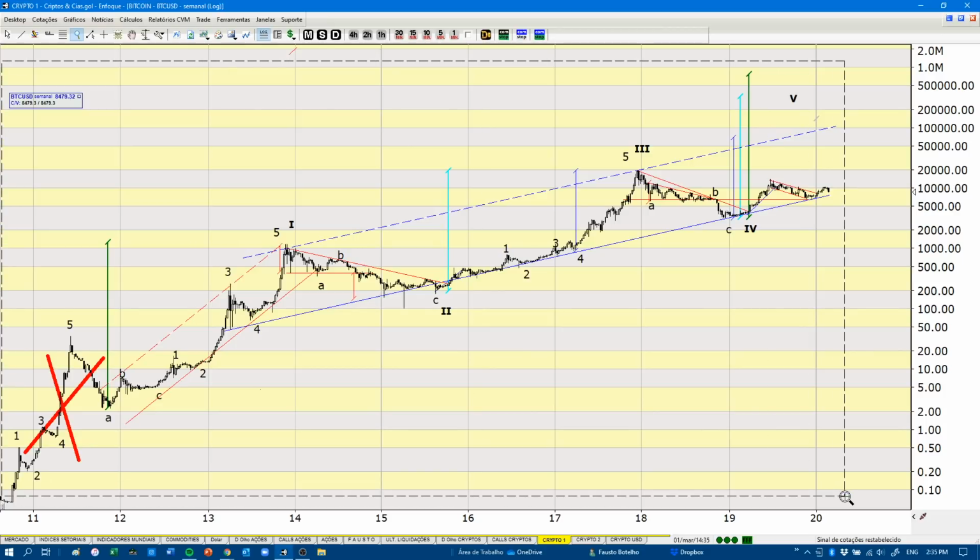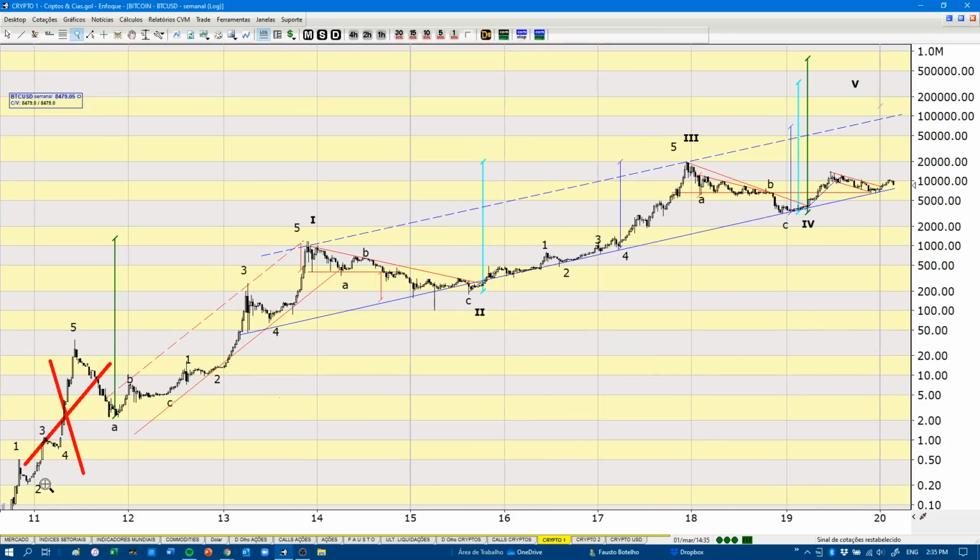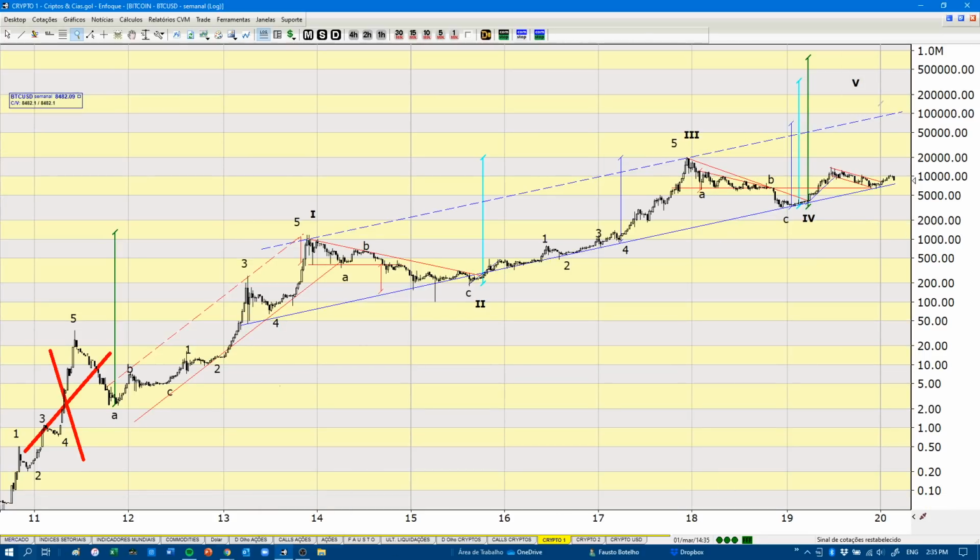And in my analysis of the Elliott Wave, I consider that this first upward movement we shouldn't consider, because it's the one that took Bitcoin out of zero and into something of value, $5.